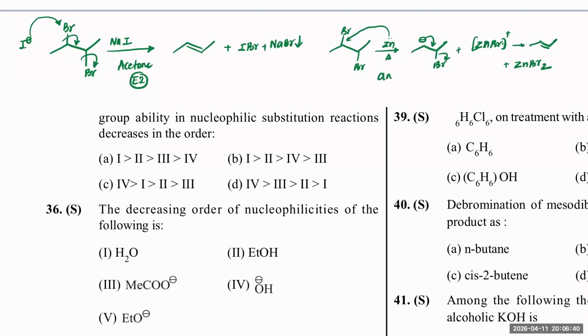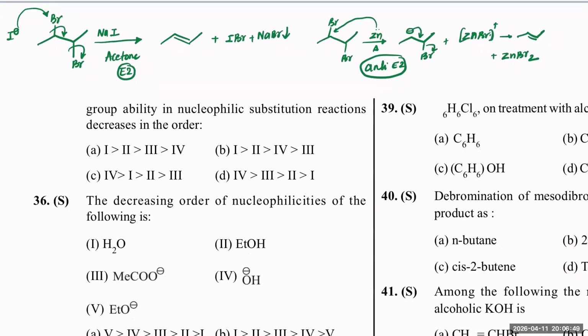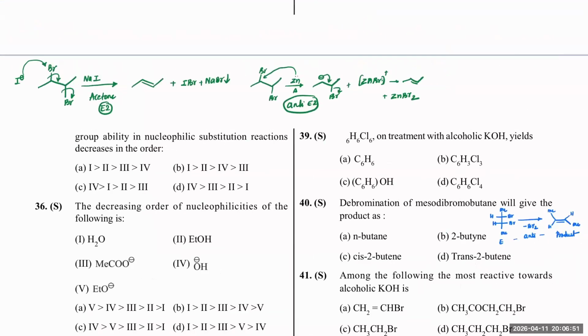Again, it is an anti-elimination which is favored like an E2 mechanism. So these two are the main reactions through which you can get dehalogenation. Clear, everyone?